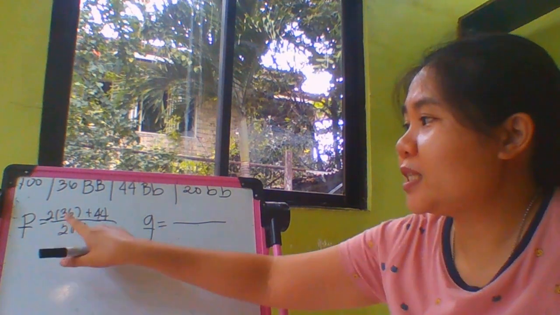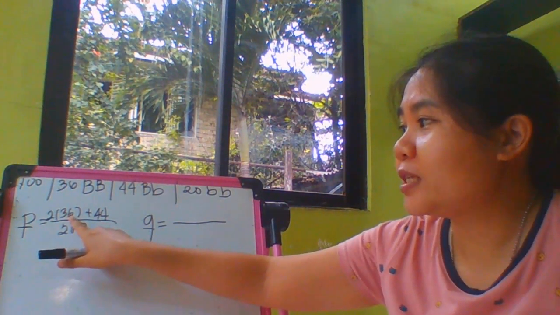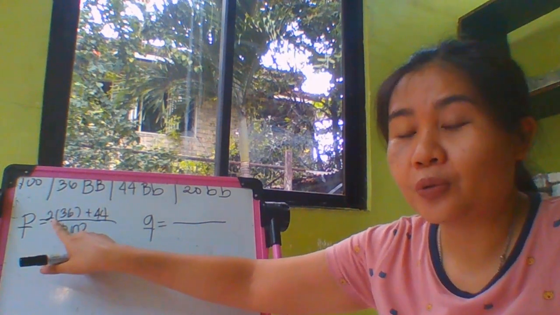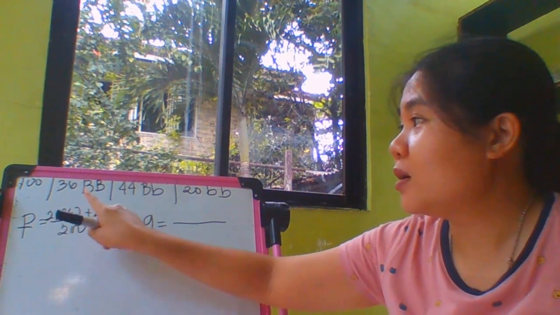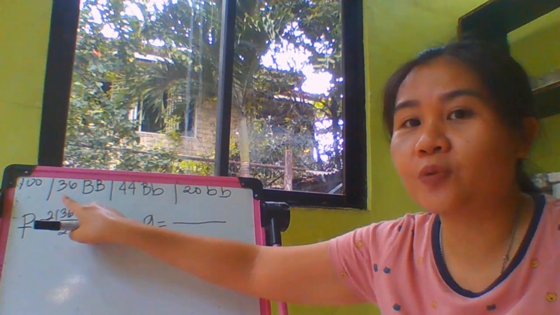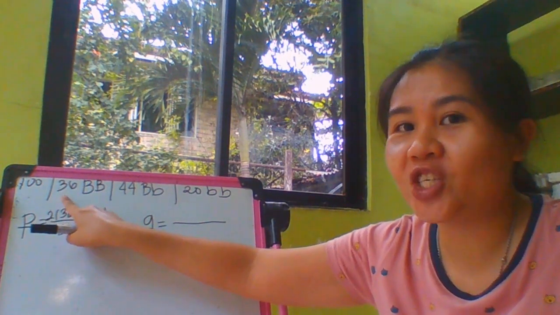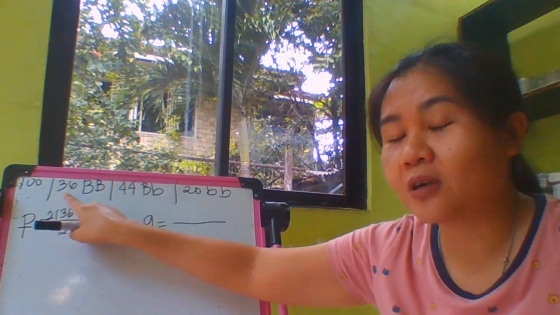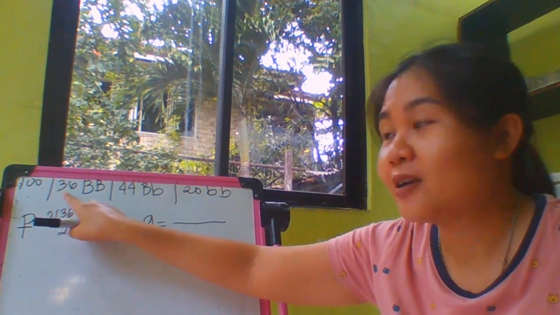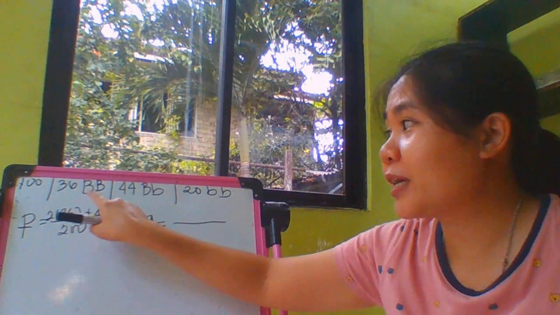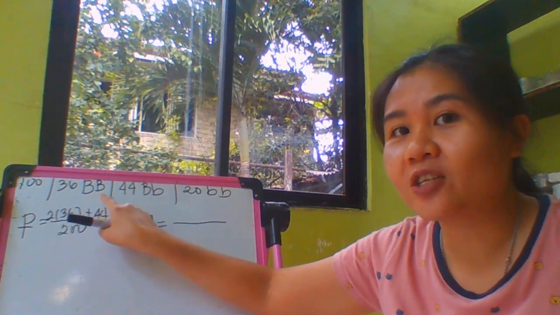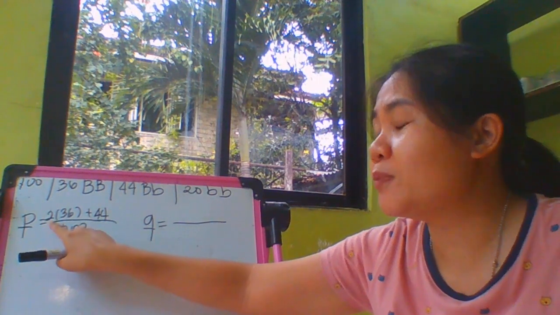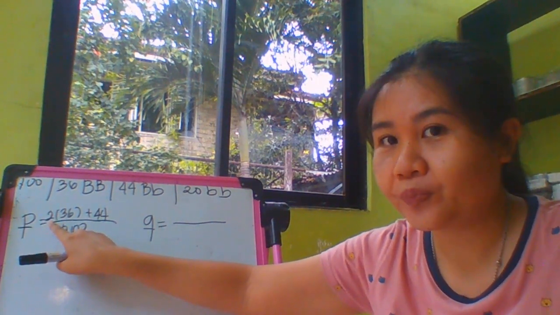Doc, why is it that 36 will have to be multiplied by 2? Because there are 36 individuals that carry the black genes, and these 36 individuals are homozygous black. Thus, both the capital letter B or the black genes are present, so they have to be multiplied by 2.